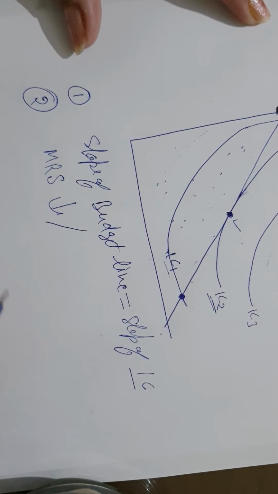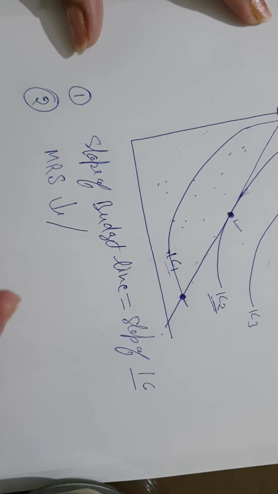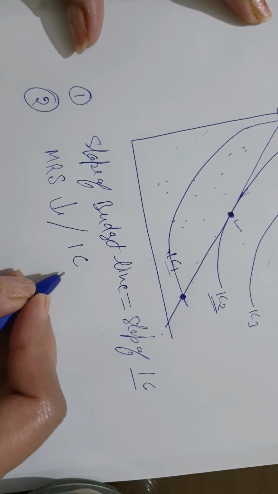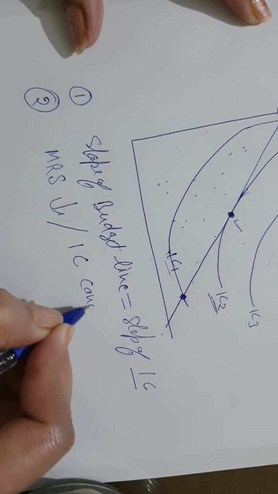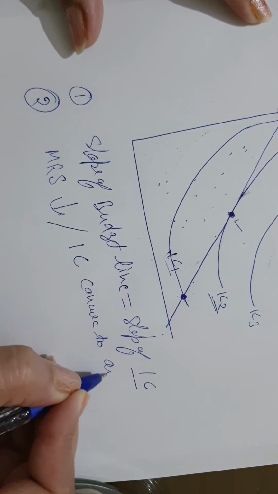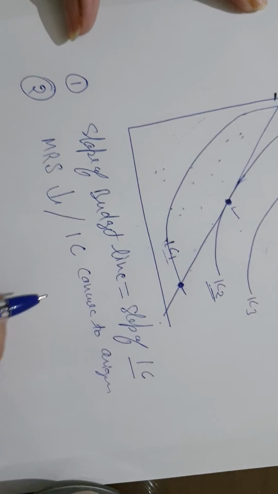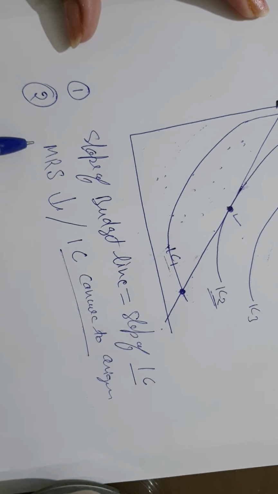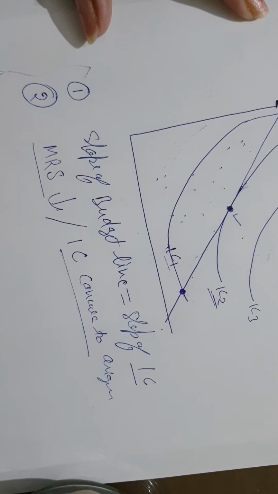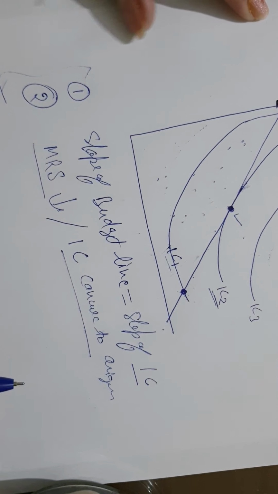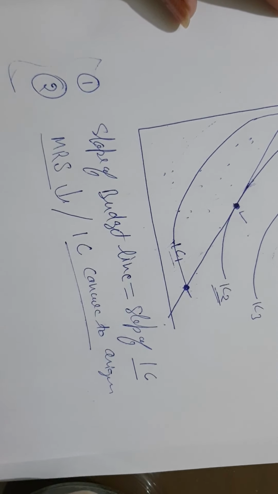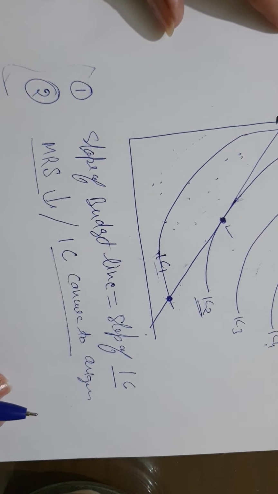One more way is also there to explain the same thing, that is indifference curve should be convex to origin. So either you can write this or you can write this. These are two conditions which should be fulfilled to find out the equilibrium of the consumer.